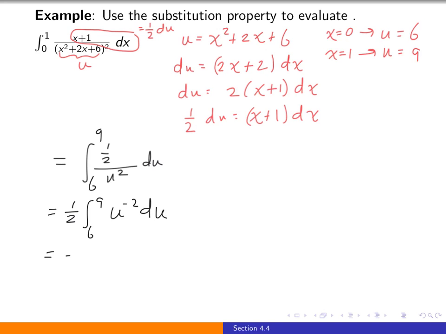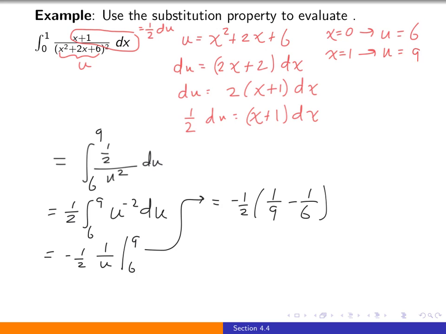So you have a minus, the 1/2 out front, 1 over u. And we need to evaluate this from 6 to 9. So we plug in a 9, we put a minus sign, we plug in a 6. And this number ends up being 1 over 36.